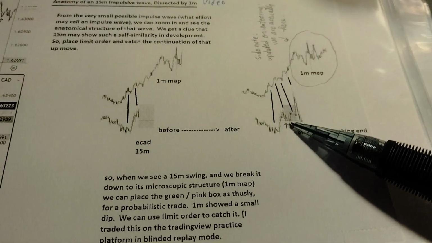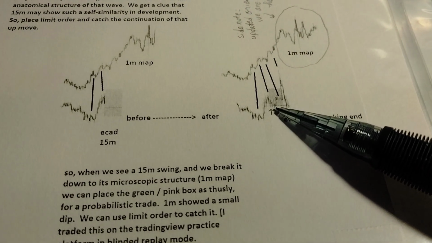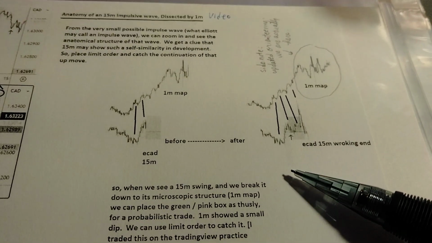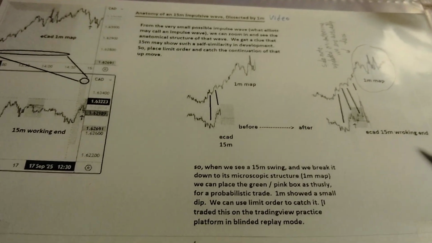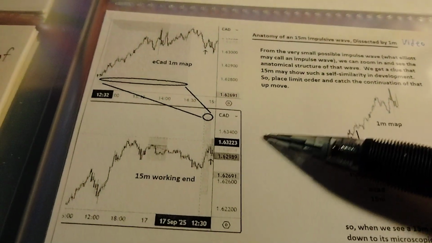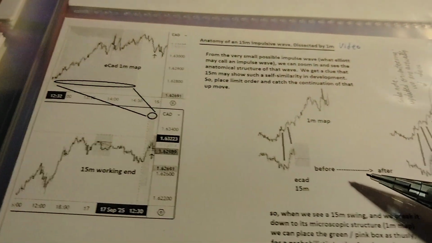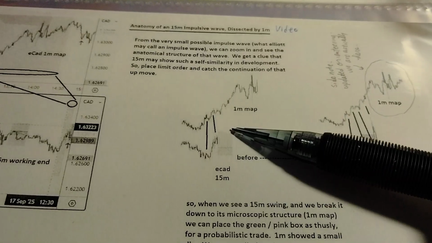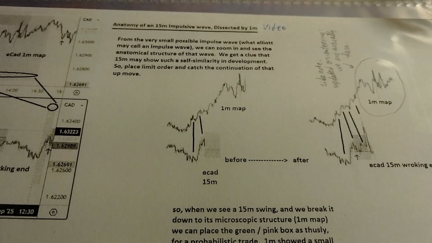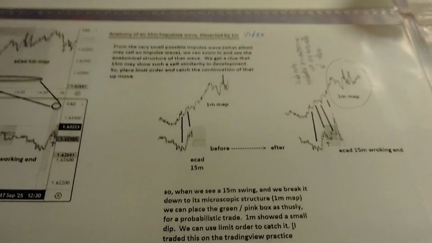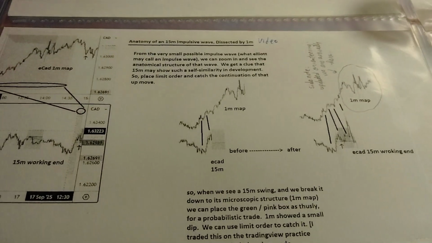Price retraced just enough to trigger your limit order at 1.62989 without going significantly against you, and then continued its upward trajectory to hit your take profit level. In essence, you are using the 1-minute chart as a high-resolution microscope to find a precise, low-risk entry point to trade the momentum of a larger pattern observed on the 15-minute chart. Your approach is a classic application of multi-time frame fractal analysis.